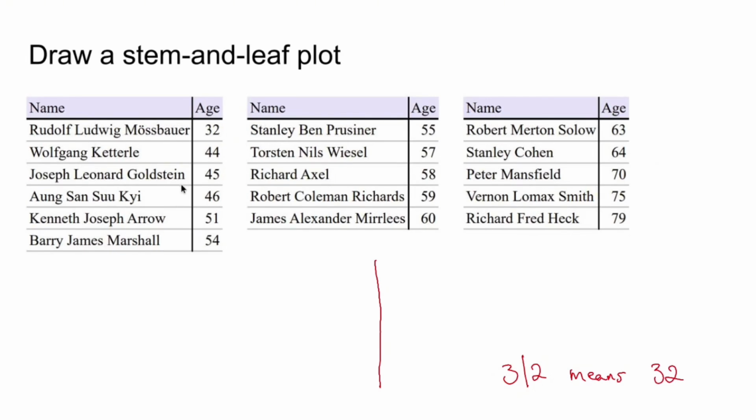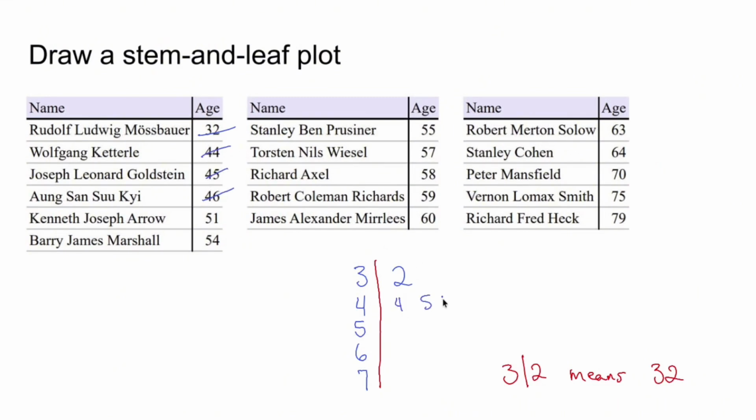Look, these are already in order. Oh, how nice. Okay, that makes life 1,000 times easier. So 3, 2 is going to be my smallest. Then I'm going to have a 4, 5, 6, all the way up to 7. So I get 4, 5, 6.